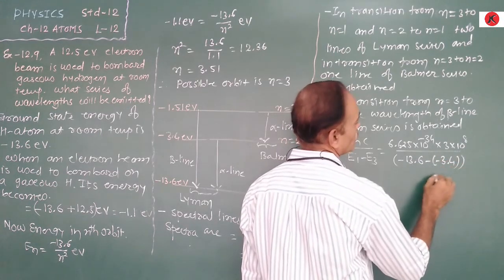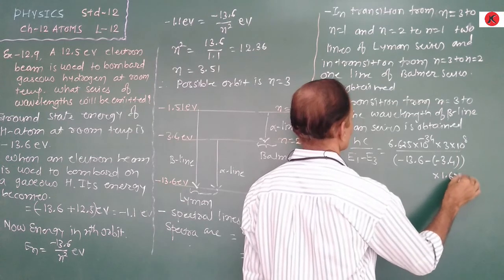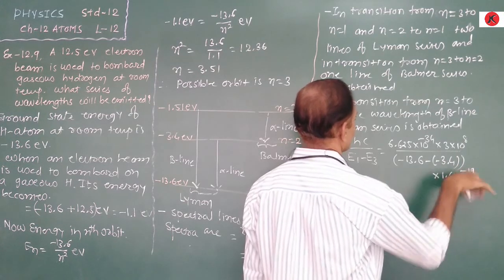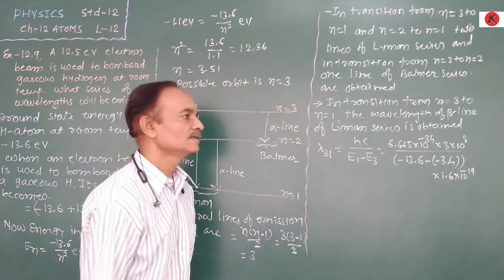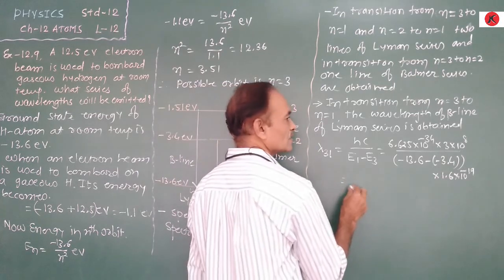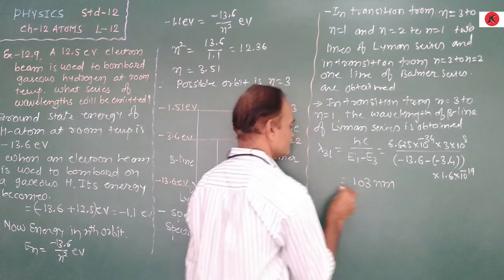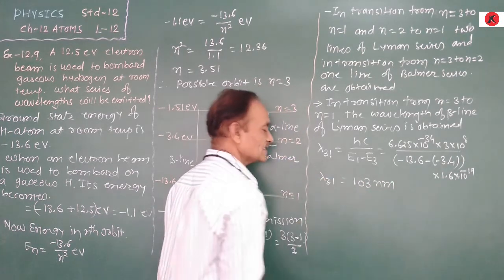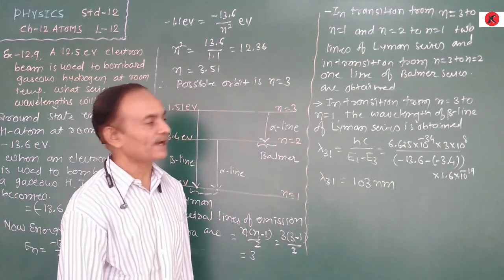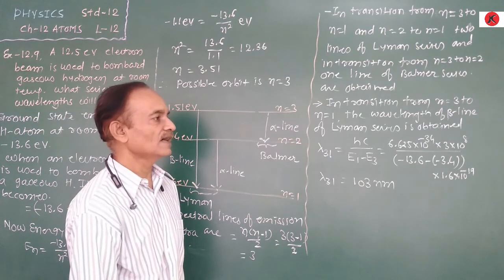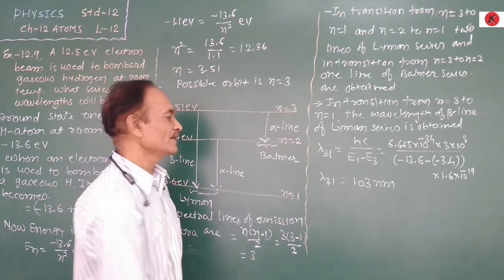Convert into joule by multiplying with 1.6 into 10 raised to minus 19. As we simplify it, we obtain 103 nanometer. That is the wavelength of the beta line for the Lyman series, 103 nanometer.